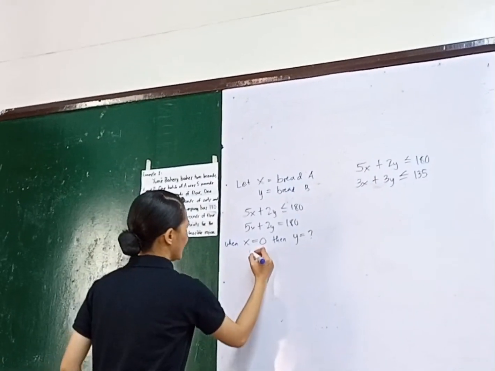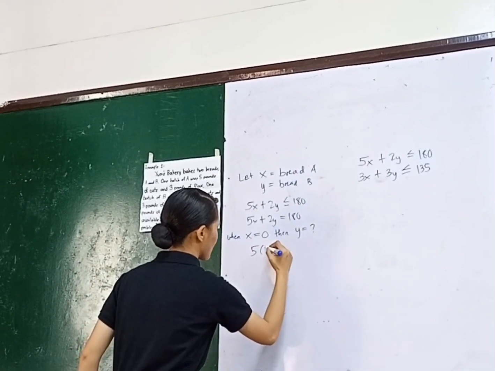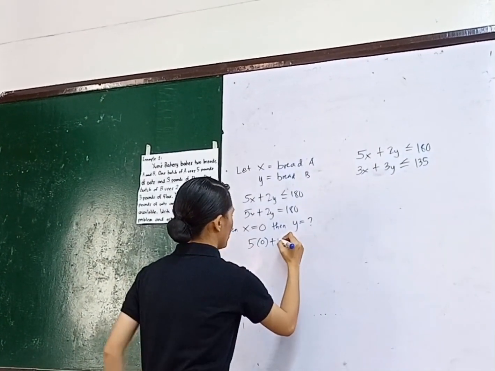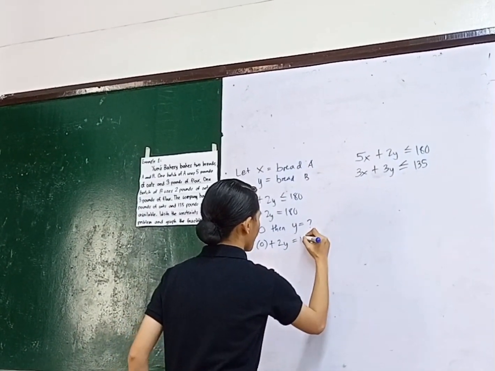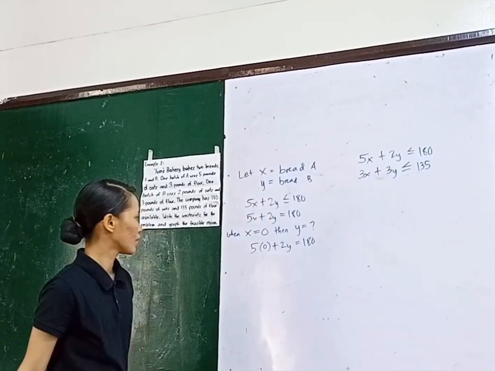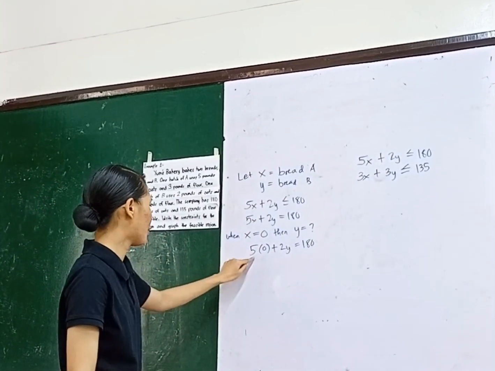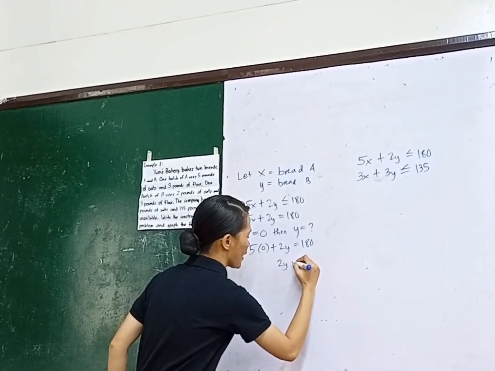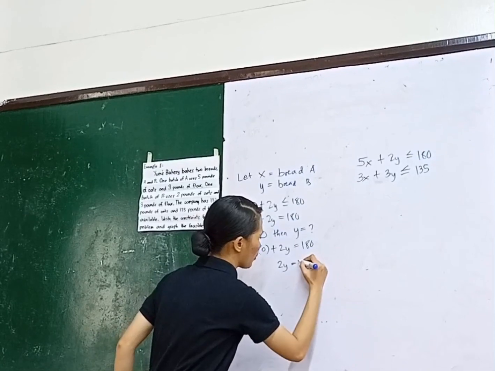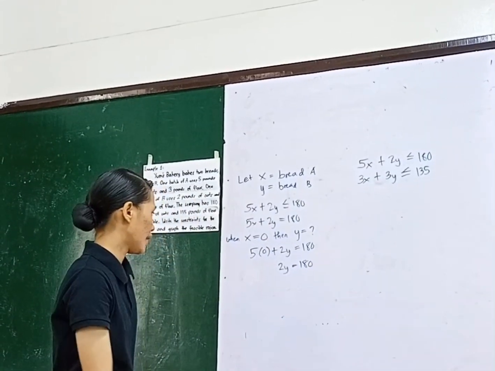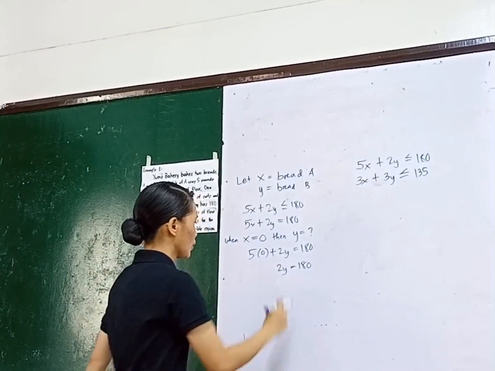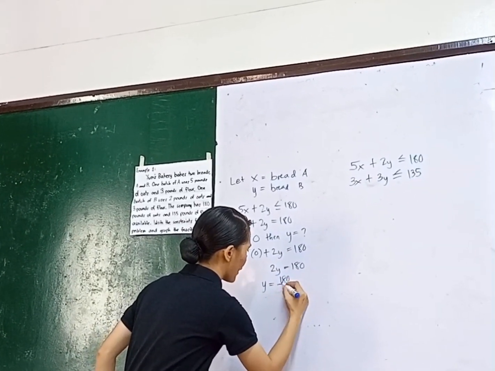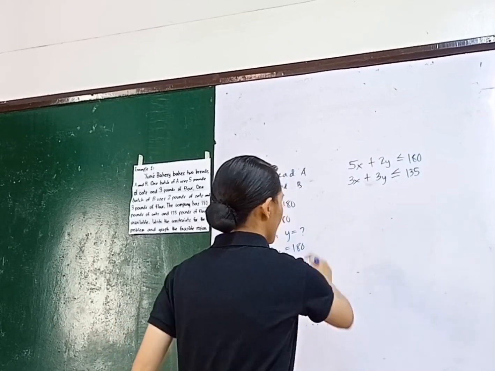So 5 times 0, which is our x, is 0, plus 2y equals 180. So y equals 180 divided by 2, which is 90.